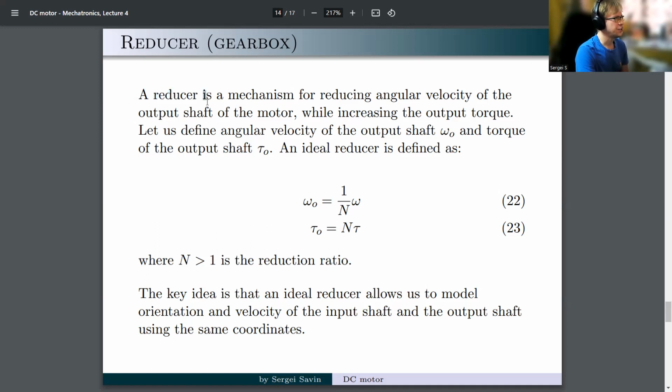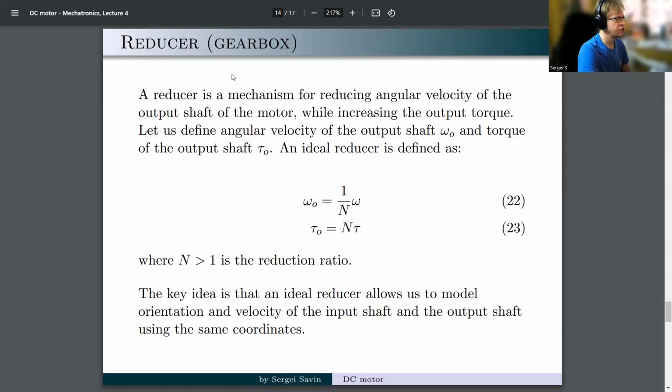A reducer is a mechanism for reducing the angular velocity of the output shaft of the motor while increasing the output torque. You could say, especially if you have a mathematical attitude towards the subject, that a reducer can also increase the angular velocity at the expense of reducing the output torque. But in practice, this is extremely rare.